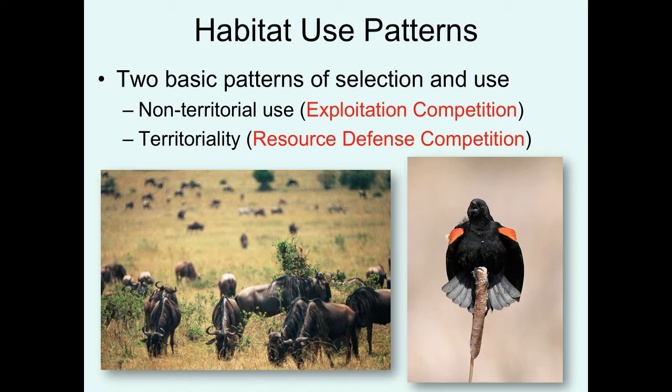Many territorial species of animals exist. It's very common in passerine birds like red-winged blackbird. So you can see a male here singing and displaying to potential rival males so that it can defend its territory boundaries to have exclusive use of the resources of that territory.